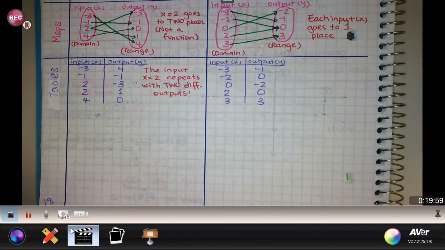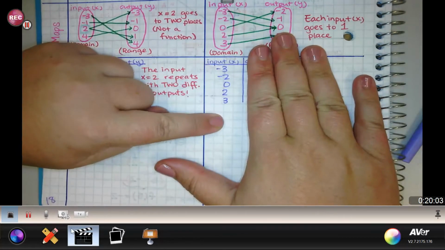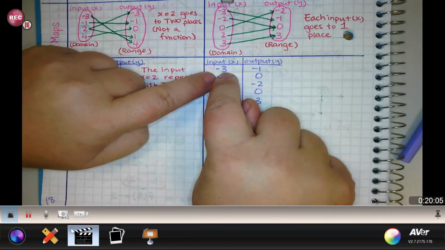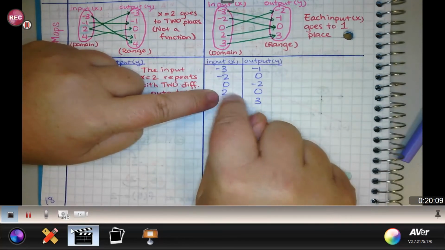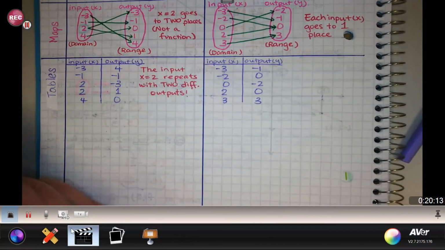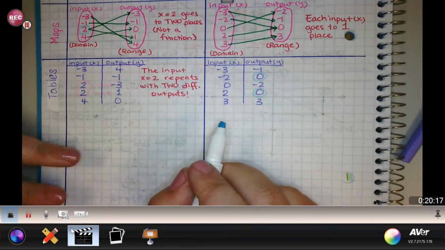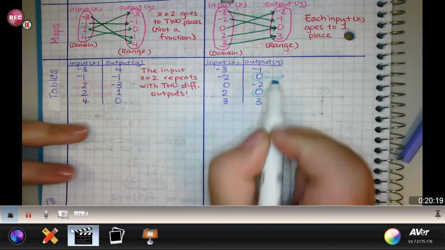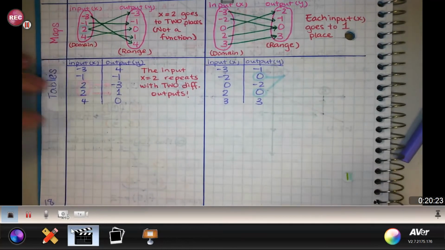Okay, so now notice if we look at the inputs, none of these repeat. So that means -3 goes to one place, -2 goes to one place, 0 goes to one place. And you might think, wait, Miss Azor, look, 0 occurs twice over here. Well, remember, that's okay. You can have the outputs repeat. You cannot have the inputs repeat.